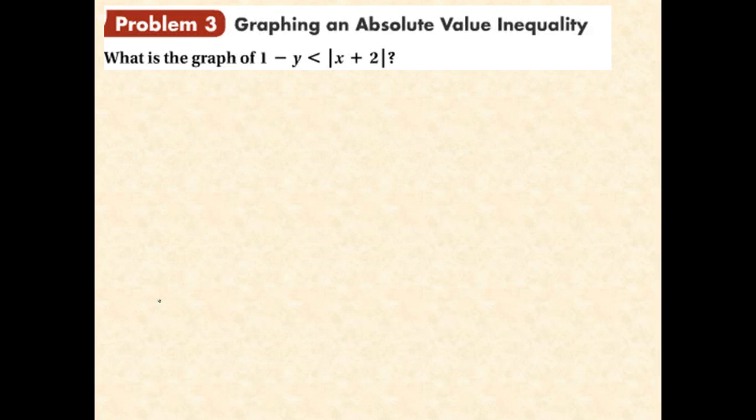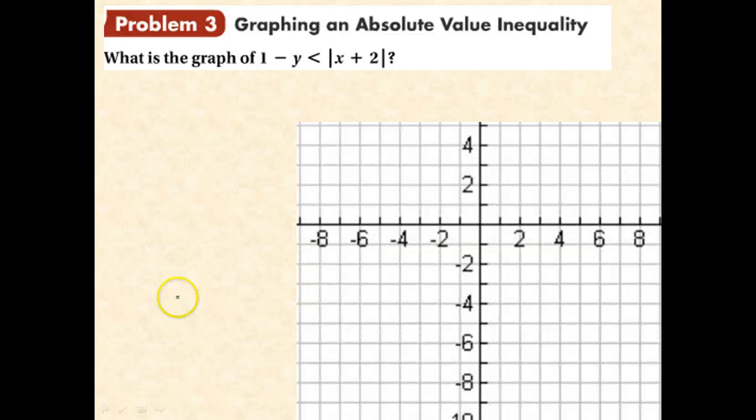Alright, let's talk about graphing an absolute value inequality. We've talked about graphing in absolute values. How about an absolute value inequality? Well, we're used to seeing y by itself, so let's get y by itself.